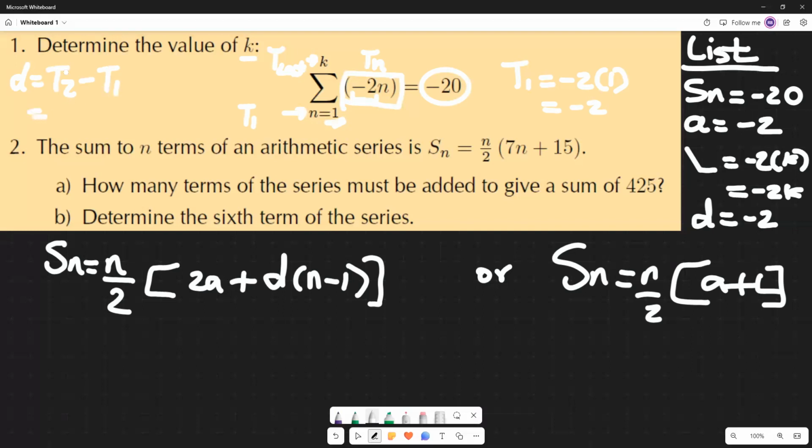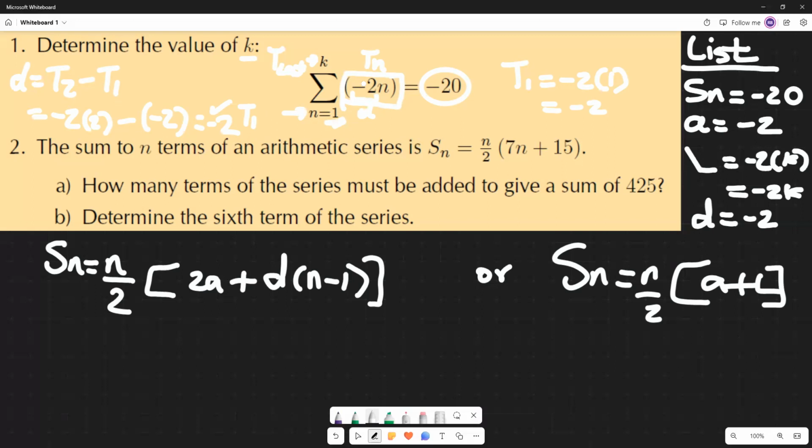And then you substitute 2 into the Tn, so it's going to be minus 2 times 2, minus the first term, which we got as negative 2. So you can see that that will still give you negative 2 as the final answer, because this will be a plus here. That will be negative 4. So, yes, but this is too long. You just need to know that the difference is the coefficient of n.